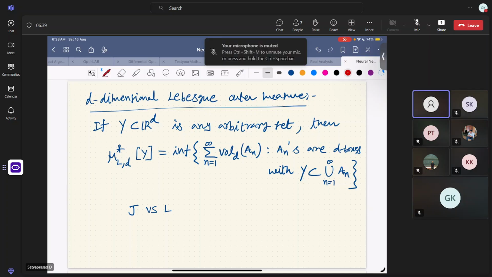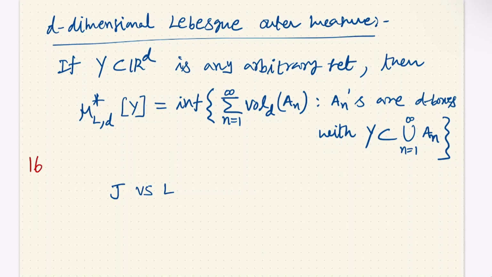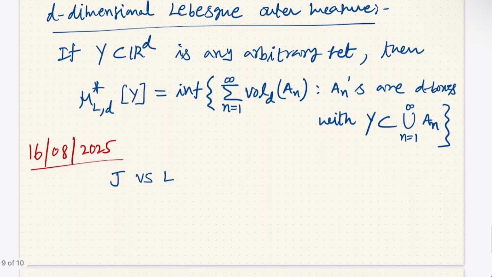Which one would be the stronger version, Jordan or Lebesgue? The main difference between them, which we discussed, is finiteness versus countable infiniteness. Jordan is finite, whereas Lebesgue comes with countable infinite.